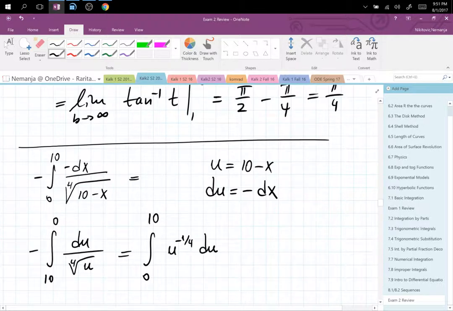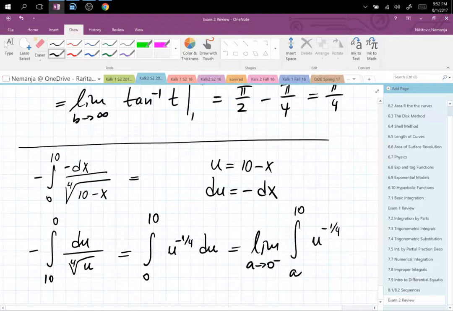But hold on, this 0 creates the vertical asymptote, so we have to start with the limit as a goes to 0 from the right, and then we have the integral from a to 10 of u to the negative 1/4 du.